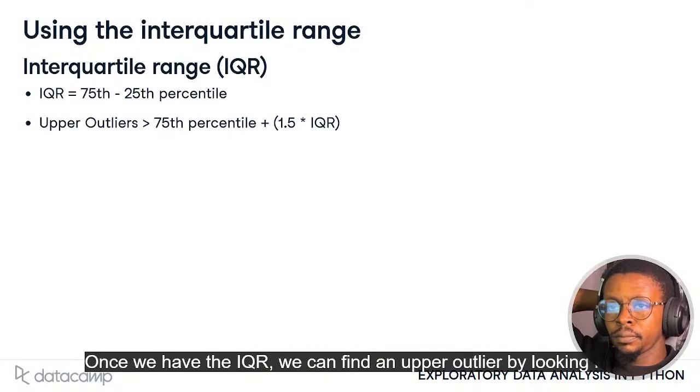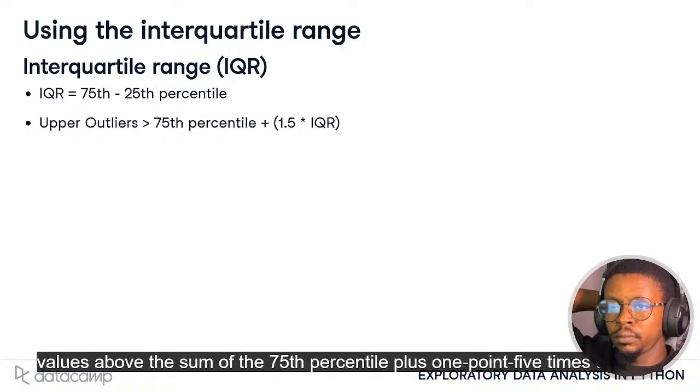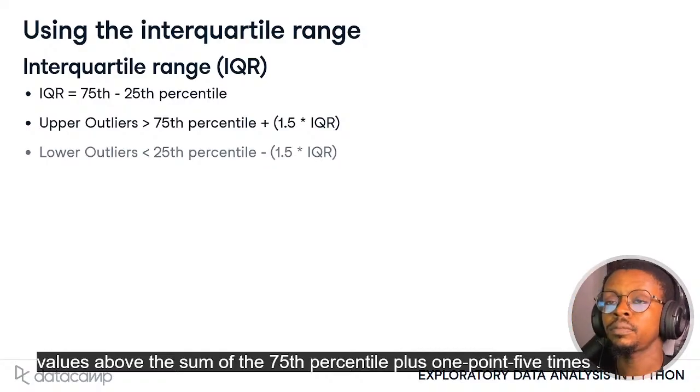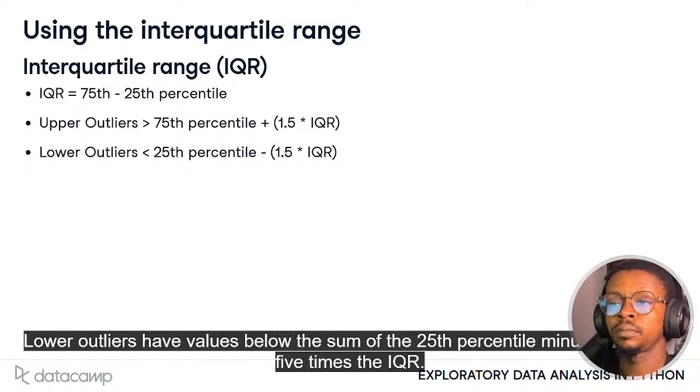Once we have the IQR, we can find an upper outlier by looking for values above the sum of the 75th percentile plus 1.5 times the IQR. Lower outliers have values below the sum of the 25th percentile minus 1.5 times the IQR.